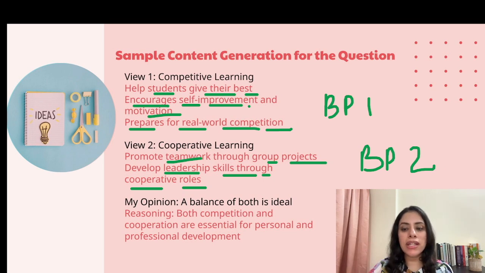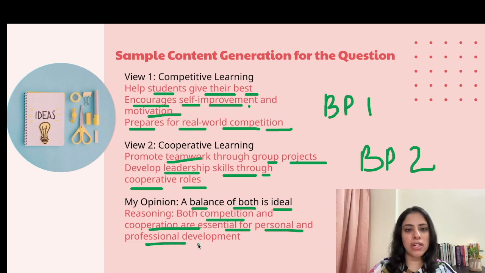Then body paragraph 3 is your opinion. It can be any opinion which you have. You can agree with competitiveness, or you can agree with being cooperative, or you can give a mixed view, which I went with. So my opinion is that a balance of both is ideal. Why? Because competition and cooperation are both essential for personal and professional development.